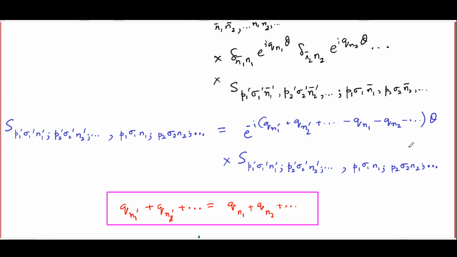If they don't, the only possibility by which this equation leaves us is that S must vanish. So the probability amplitude for a transition, which is what the S matrix elements are, will vanish unless this particular condition is obeyed. In other words, the total value of Q is conserved.